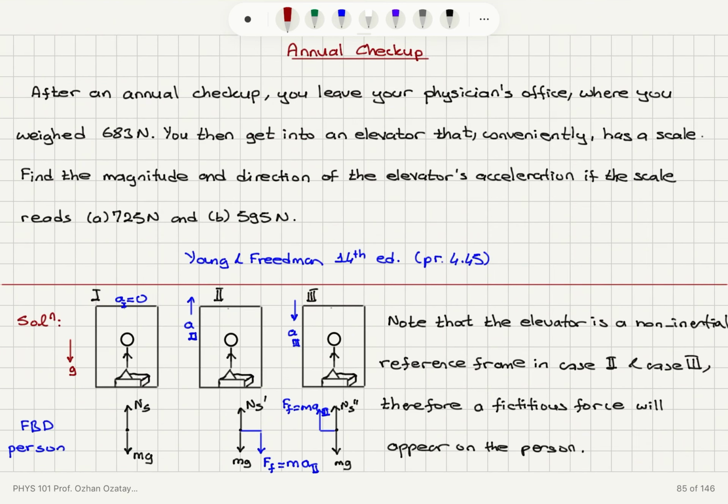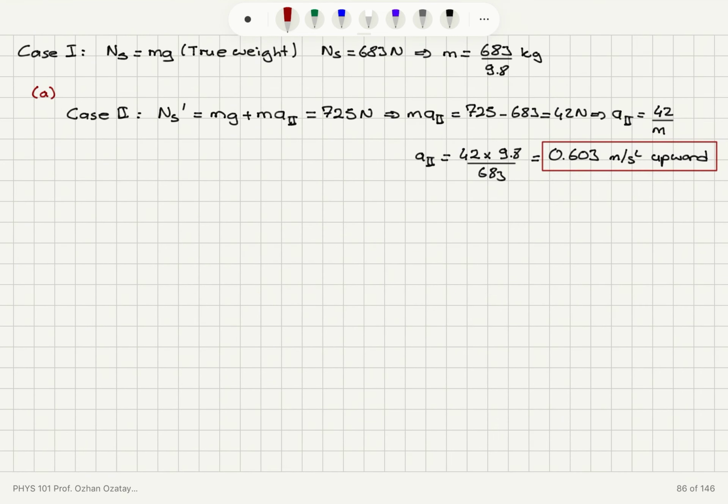This will be the acceleration of the elevator, the magnitude and direction.